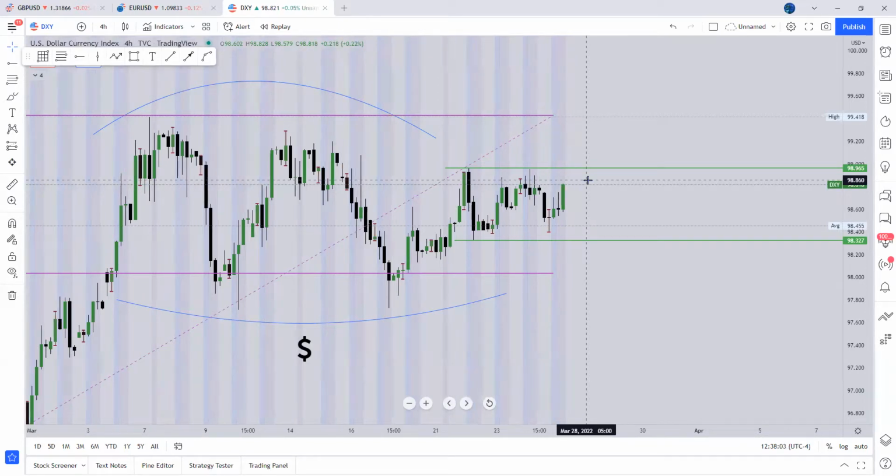Or what are you supposed to look for? You're supposed to look for short-term moves, right? You're supposed to look for scalping moves.